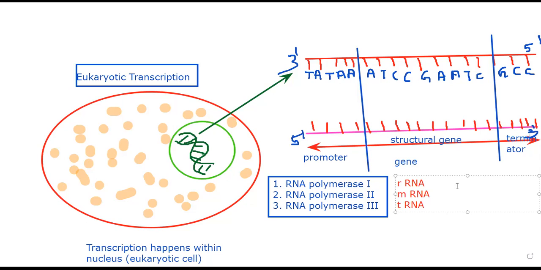So you can even remember the sequence as the RMT sequence. Okay. So R, M, T. Please remember this sequence RMT. So rRNA, RNA polymerase 1; mRNA, RNA polymerase 2; tRNA, RNA polymerase 3. So for the eukaryotic cell, for different RNAs, different enzymes are there.